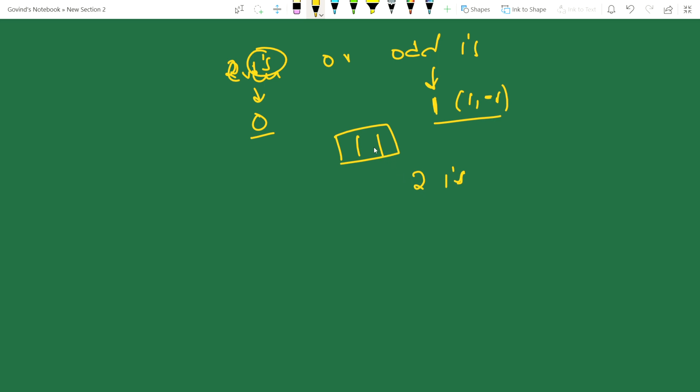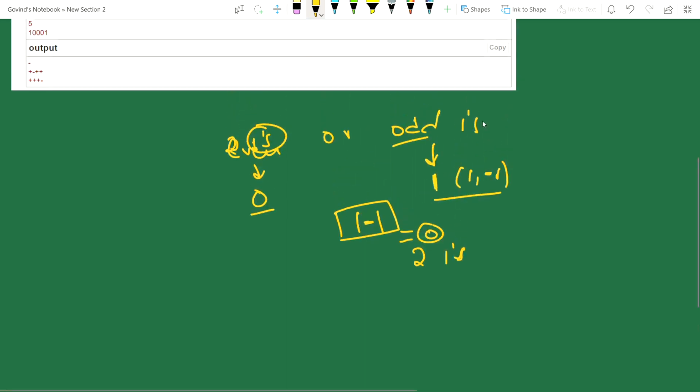So we can put a minus sign over here. Why? Because if we need to minimize the whole expression, then half of the ones should be plus and half should be minus. So we will just count the number of ones and divide it by 2. If it is even, then we will get the absolute value as 0, and if it is odd, then we will get a value which is not 0.